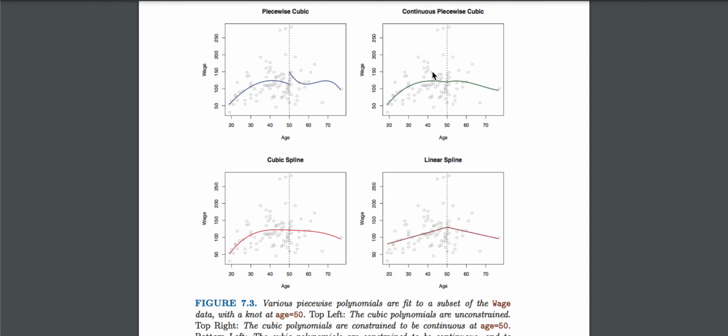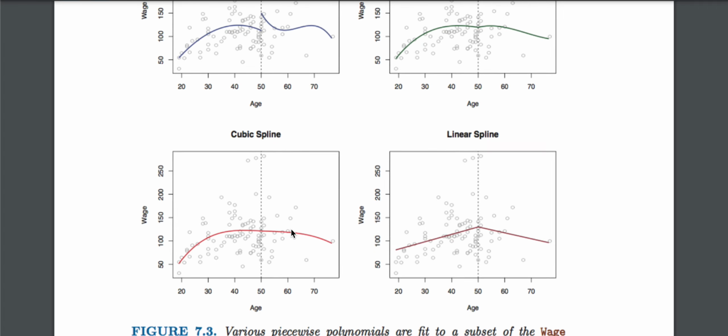If you add a continuity constraint also to the derivative, then you get a cubic spline. And it makes sense. We want the piecewise polynomial not only continuous at age 50, but also smooth. And smoothness means that the derivative is continuous.